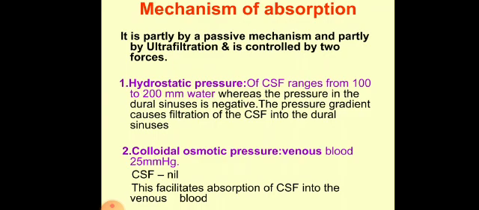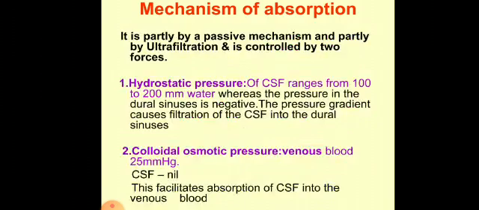Now second, we need to know about the colloidal osmotic pressure. The colloidal osmotic pressure of the venous blood is about 25 millimeters of mercury, and the colloidal osmotic pressure in the CSF is almost nil. So basically this pressure difference also facilitates the absorption of the CSF into the venous blood.